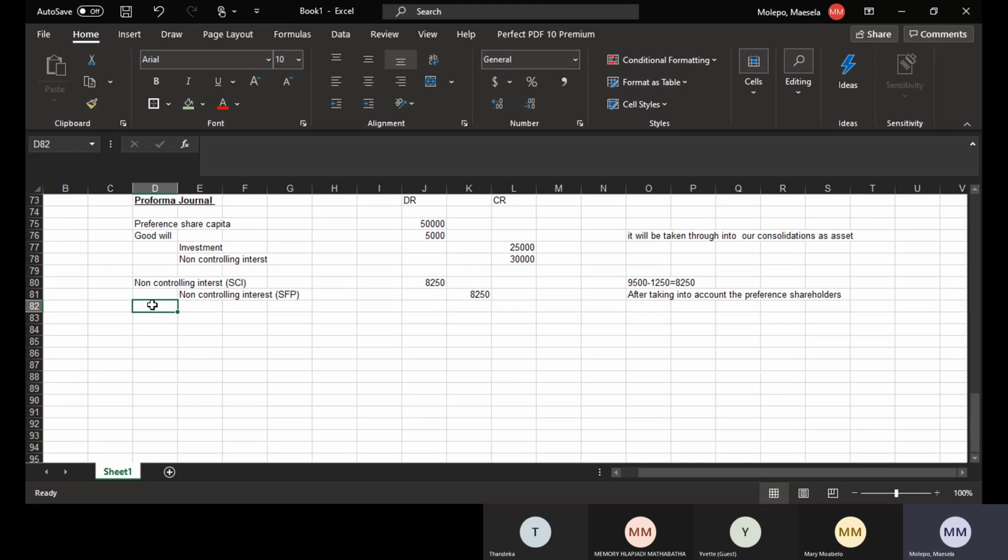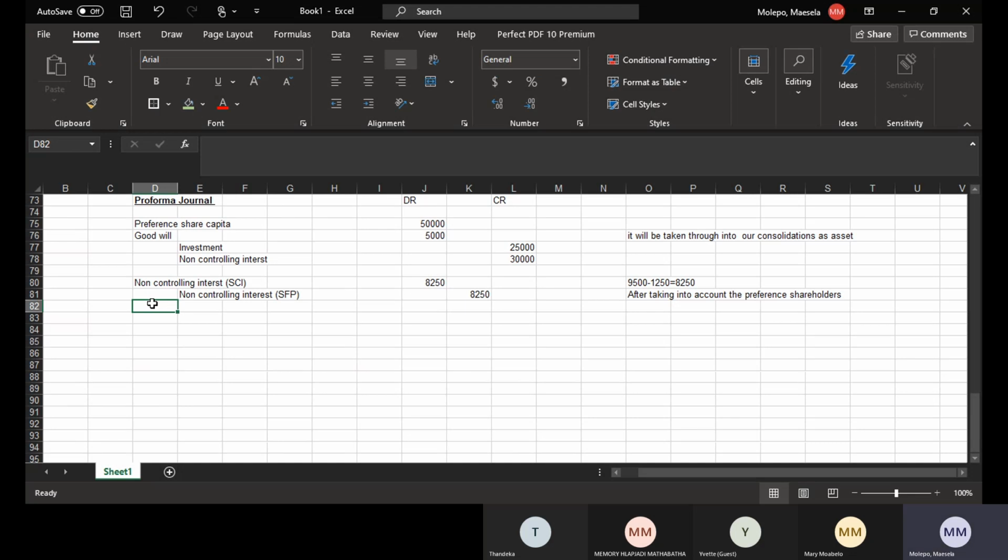So we assume that we made a provision that we're going to pay the preference dividends for the year ended 31 December. Remember, when we are closing the books today, we're not going to pay the dividend today. Maybe they will be paid the following year, maybe after 3 months or 6 months. So it means we are raising a liability that next year we have to pay the preference dividends of the prior year.